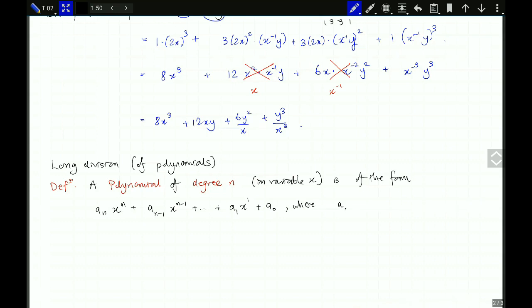the coefficients are just numbers, and for this to be a degree n polynomial, we say that the first coefficient, the highest one, is non-zero.